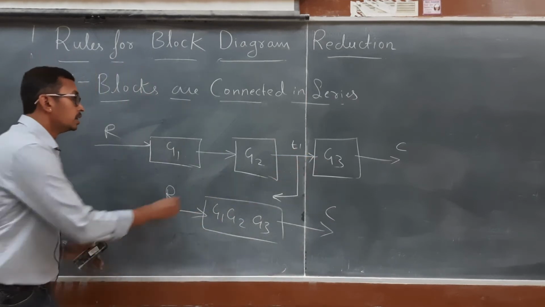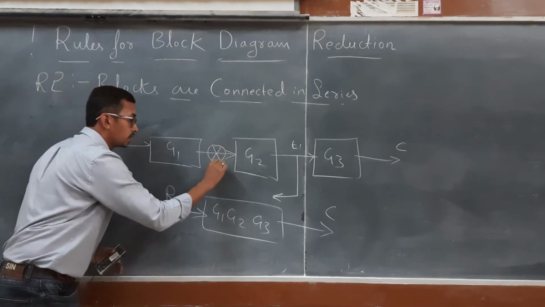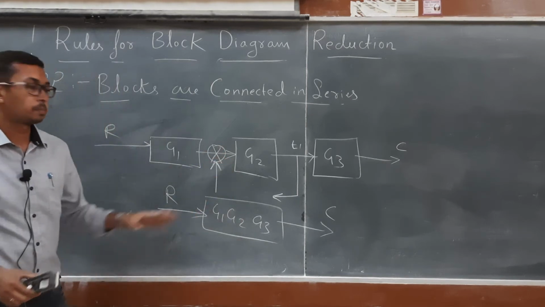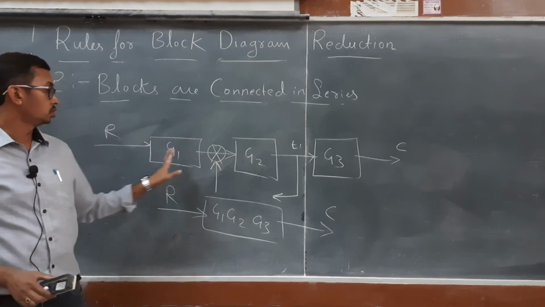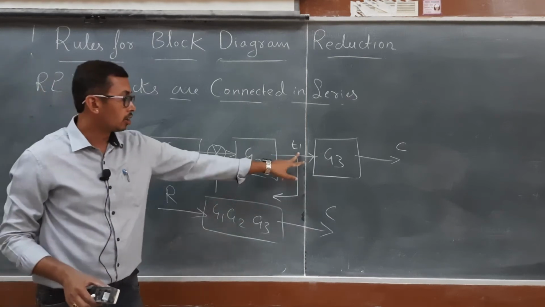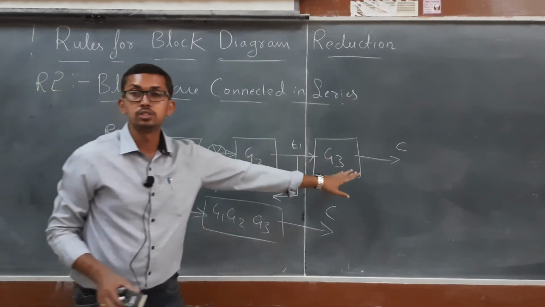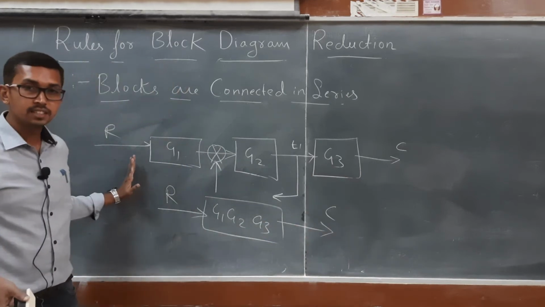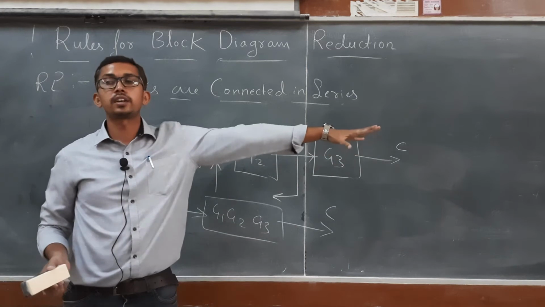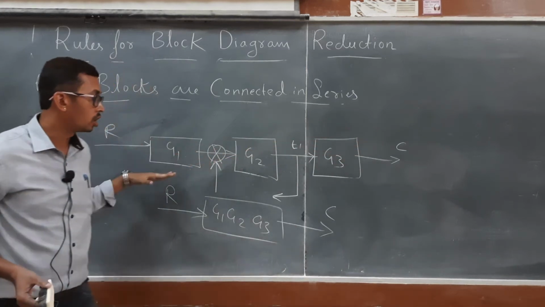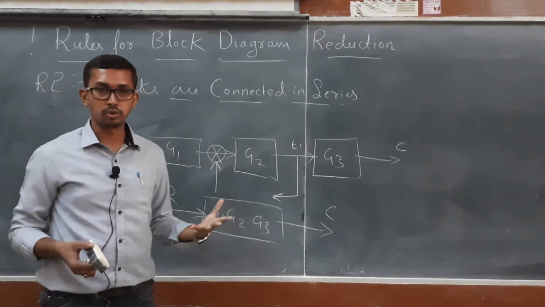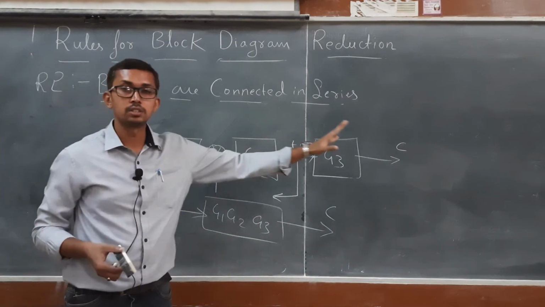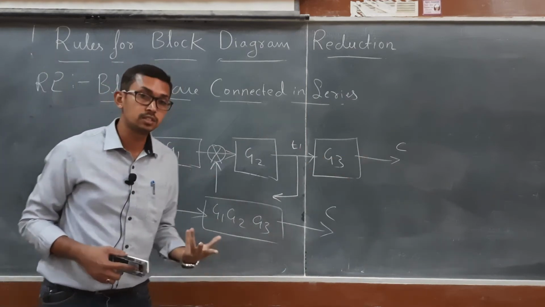In the same way, if there is a summing point between G1 and G2, and a takeoff point between G2 and G3, which blocks are in series? In this case, none of the blocks are in series, so all the blocks have to be reduced separately. When can we say the blocks are in series?